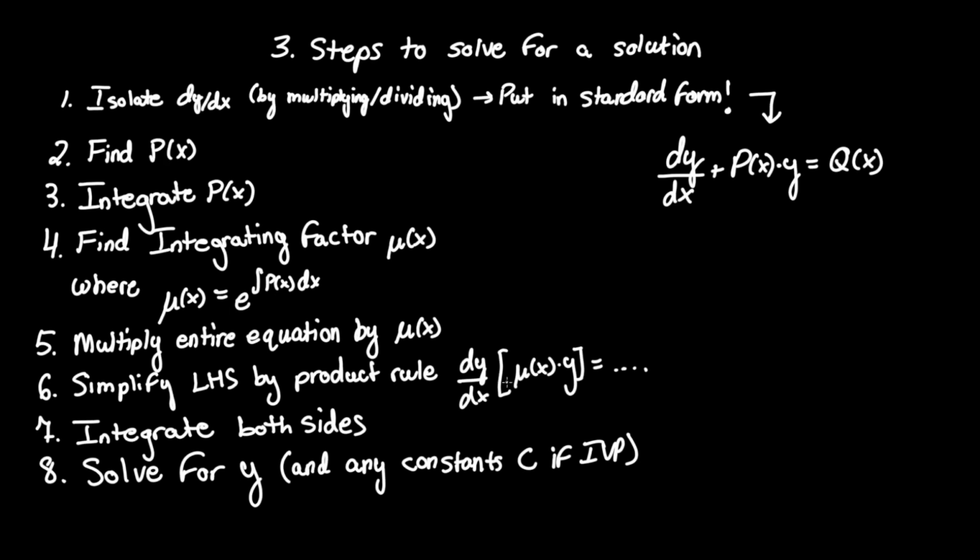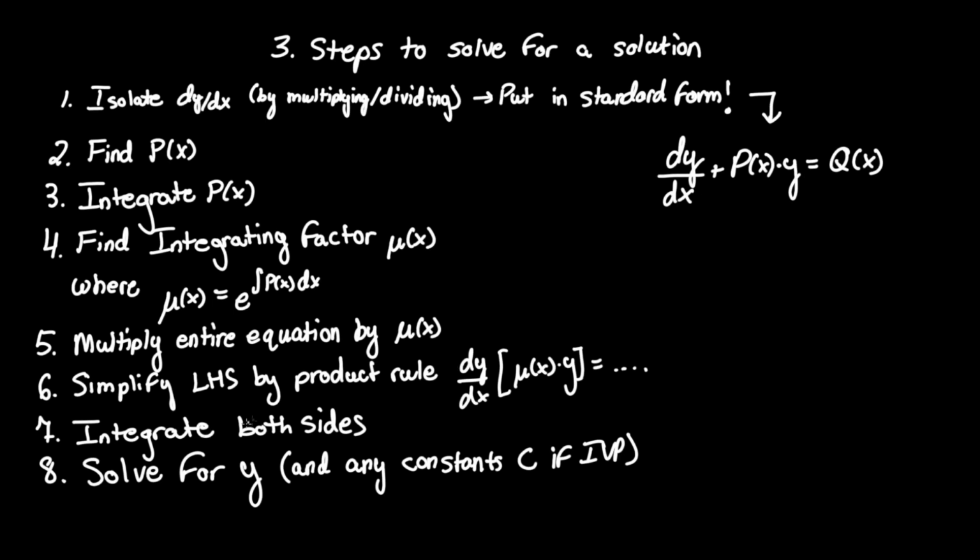So it will always be in this format: the derivative with respect to the independent variable of the integrating factor times y. It will always take that form, so you don't even need to worry about that. And afterwards, you integrate both sides to isolate for y, since if you take the integral of the derivative, that will give you just the inner terms.